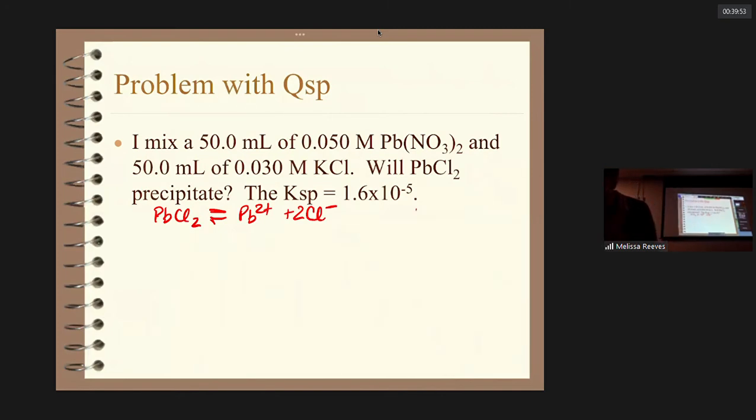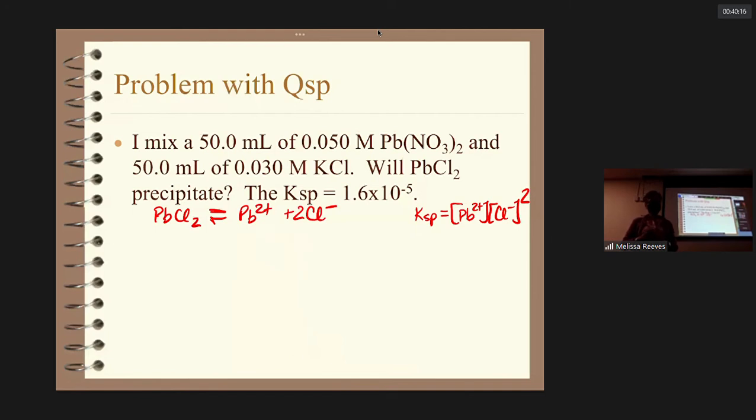And then the KSP expression, which is the same as the QSP expression, is lead ion concentration times the chloride concentration squared. Because there's a 2 in front of that chloride, it's going to be squared over here.